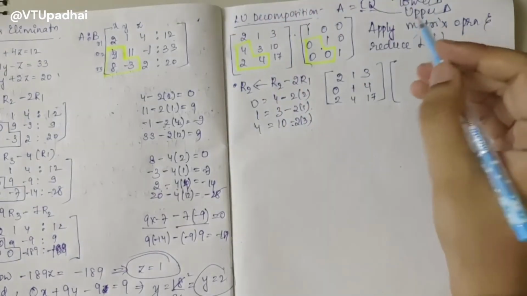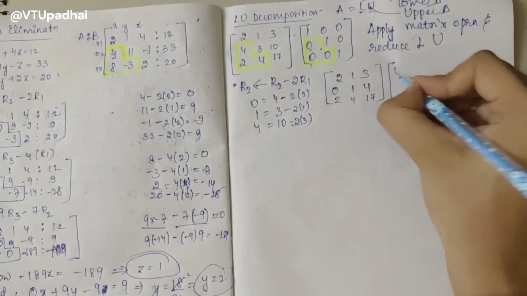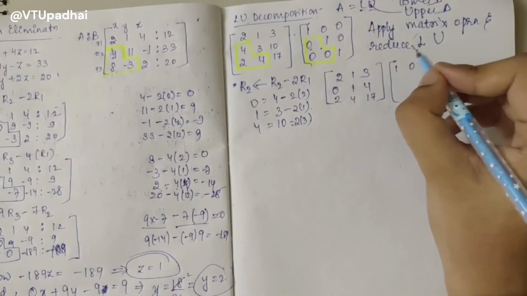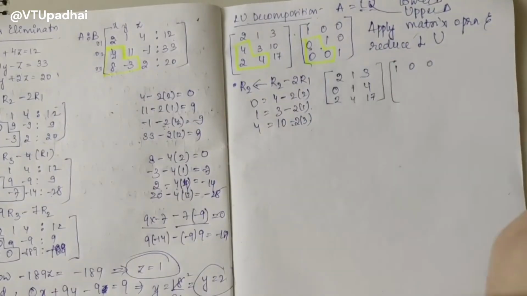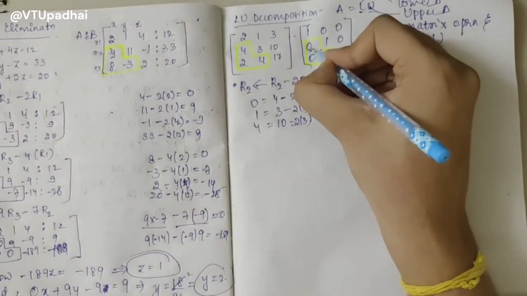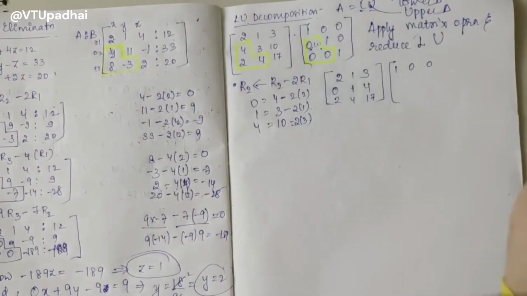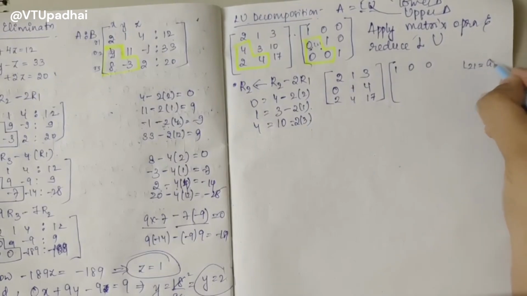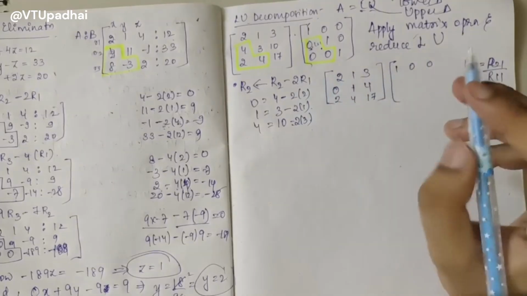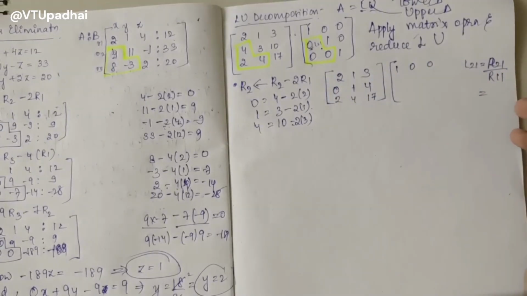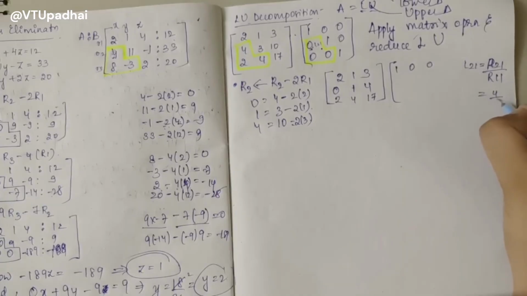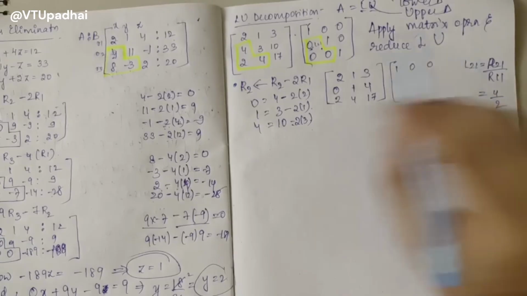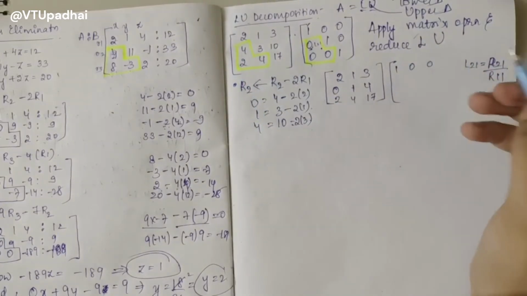Now I'll look into the identity part. In order to change this value, 1 0 0, I'll write it here. And in order to change this value, I'll consider it as L21. So for the L21 operation, I'll take R21 by R11, or A21 by A11, which is 4 by 2. 4 by 2 is 2.